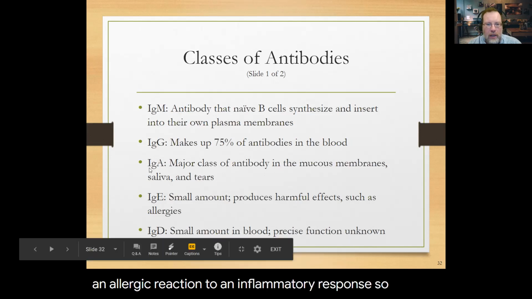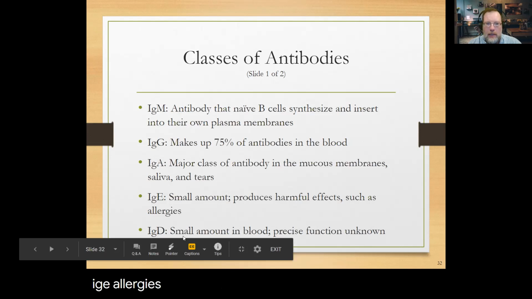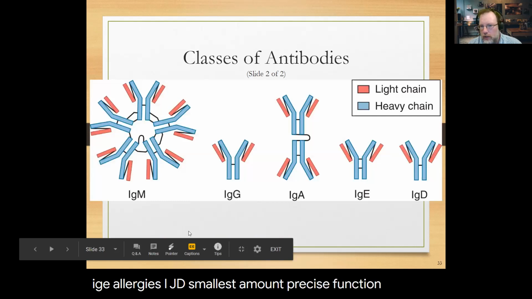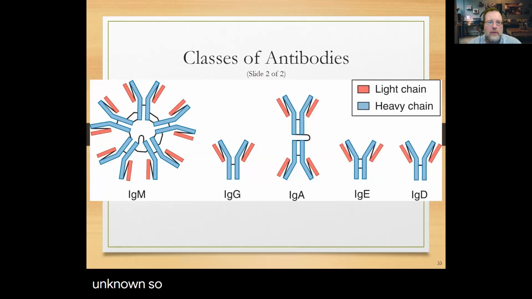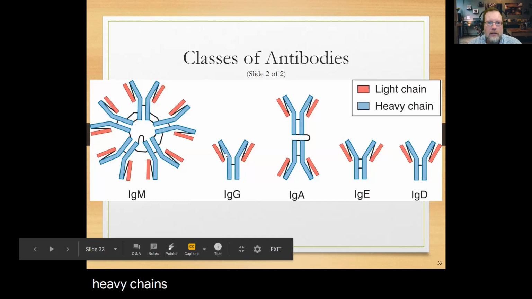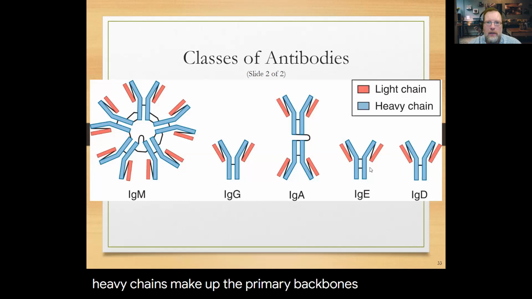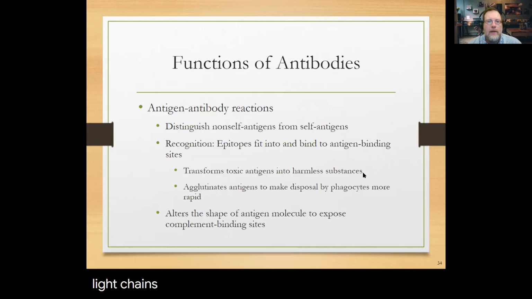So anyhow, IgE, allergies. IgD, smallest amount, precise function is unknown. So there's a few of the different types. See, the heavy chains make up the primary backbones, and then the light chains.